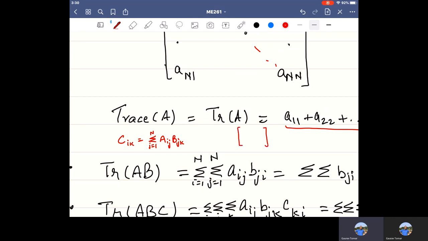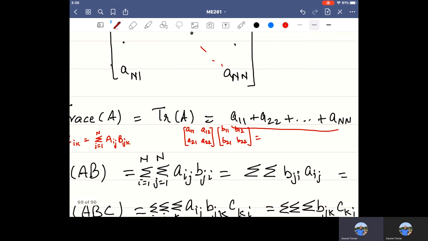Let's just look at 2 cross 2 matrices to show this. You can do it for a general matrix eventually, but just to show this, I'll use 2 cross 2 matrices, and this product will be given by, you take this multiplied by this.